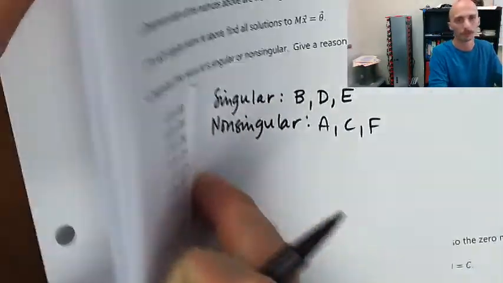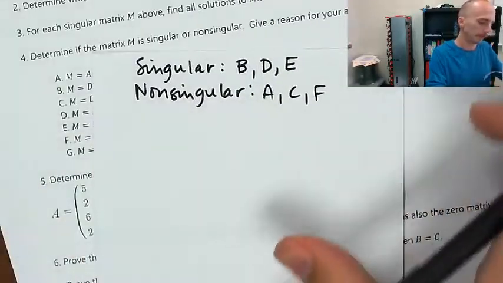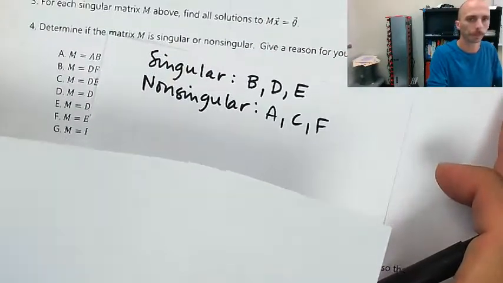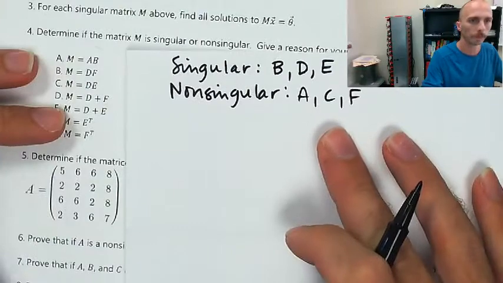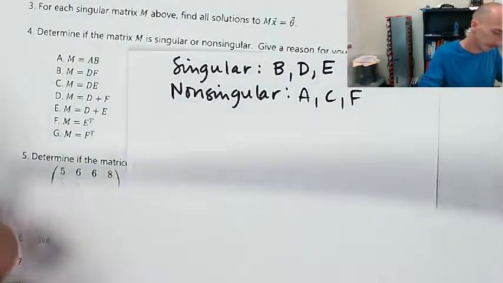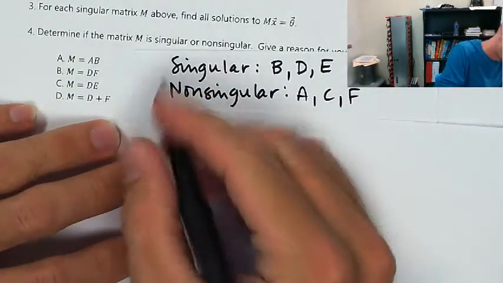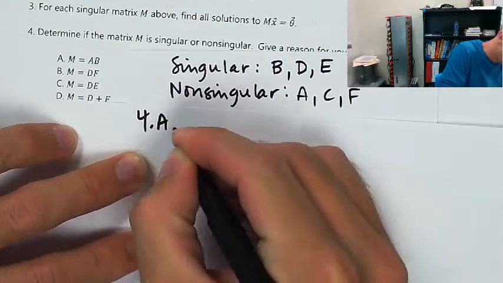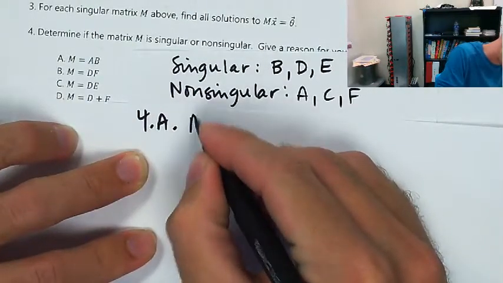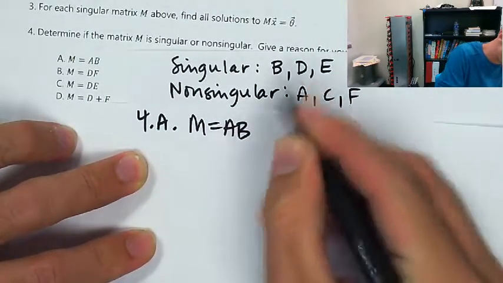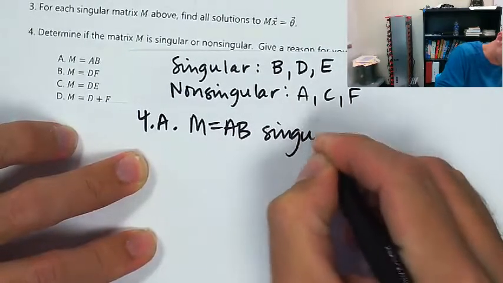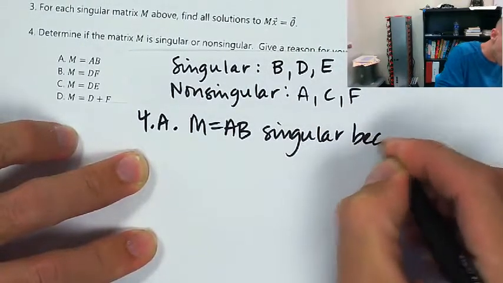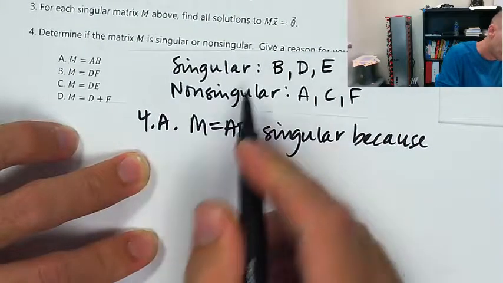I could have had this ready before I press record. On that topic, for A, M equals AB is singular because B is singular.